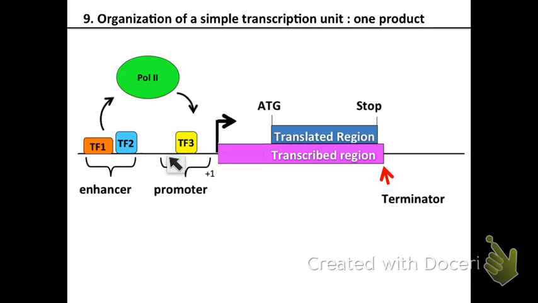That means they regulate whether RNA polymerase II is going to come here and start transcription or not. These regions are called enhancers, and we're going to talk more about them in the transcription lectures. So this is a simple transcription unit. It makes one product, has a single transcript, and does not have introns.